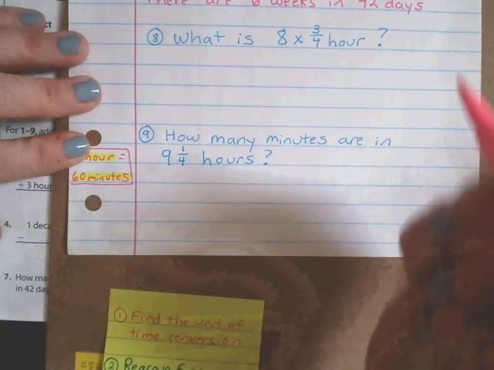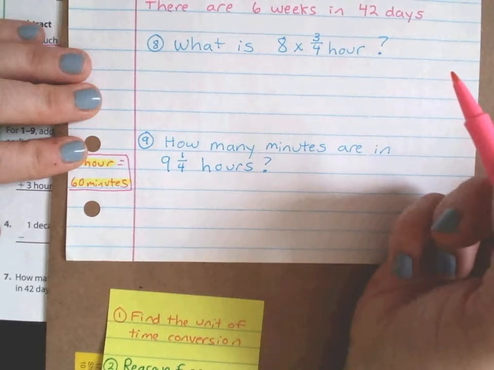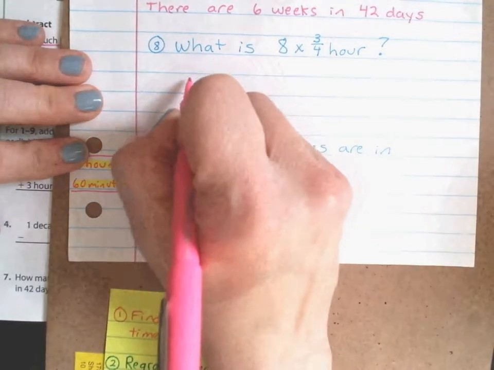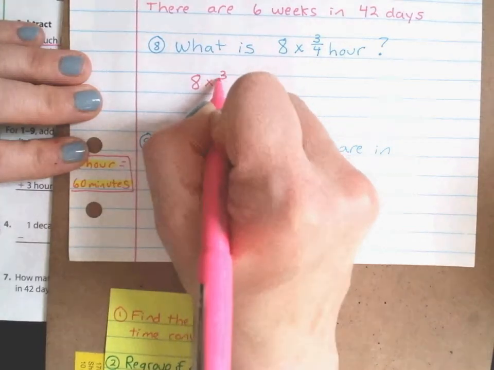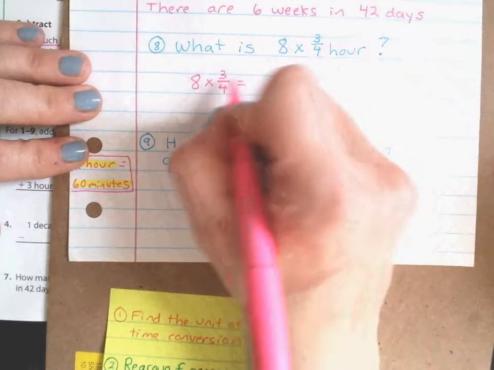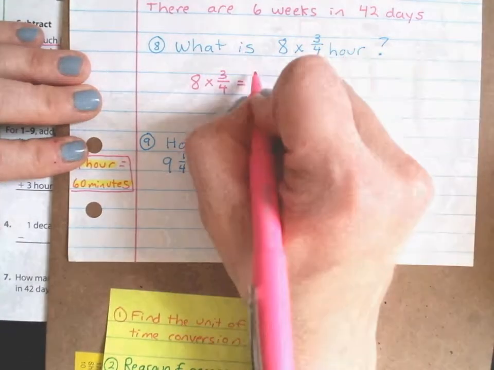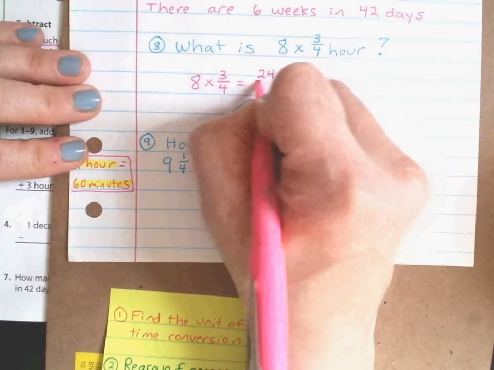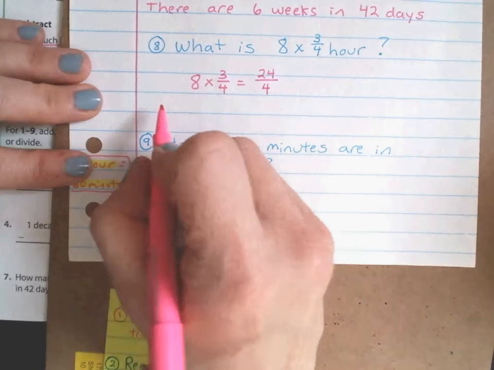All right, let's take a look at number 8. What is 8 times 3/4 of an hour? So if I have 8 times 3/4, it's a whole number times a fraction, so this would be the same as 8 times 3, which is 24, and my denominator stays 4.